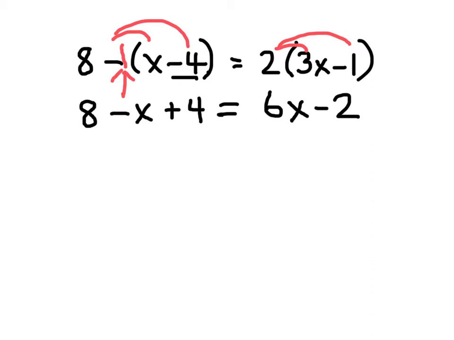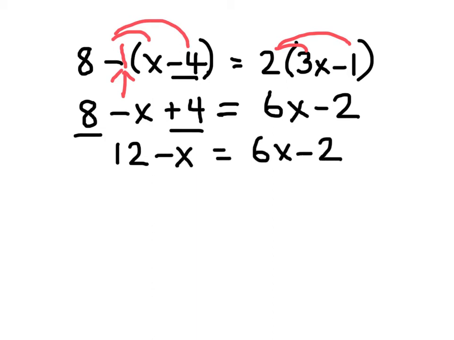So now that we've applied distributive property, let's continue solving. On the left side, I can combine 8 plus 4, that's 12. We get 12 minus x equals 6x minus 2. Now I'm going to get the x's all to one side. Let's add an x to both sides. That will zero that out.